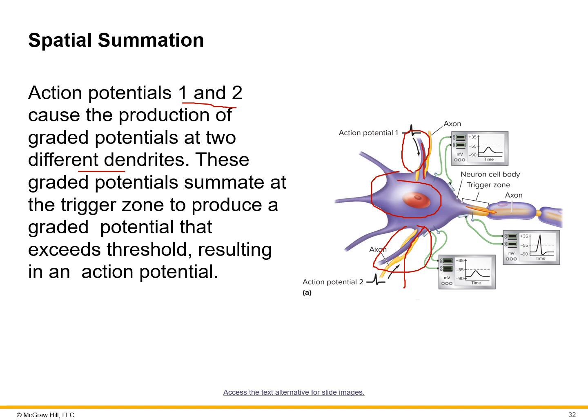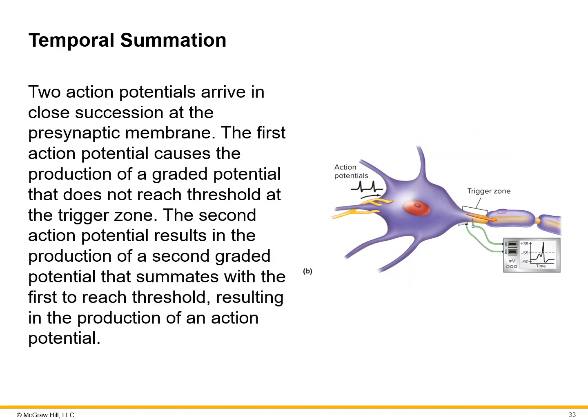It's on two different parts of the cell, two different dendrites, but ultimately they're depolarizing the cell so that trigger zone is activated. Whereas in temporal summation, these potentials arrive close in succession, so they're coming right beside each other, and that's going to allow enough change in the membrane potential that we get activation at that trigger zone.